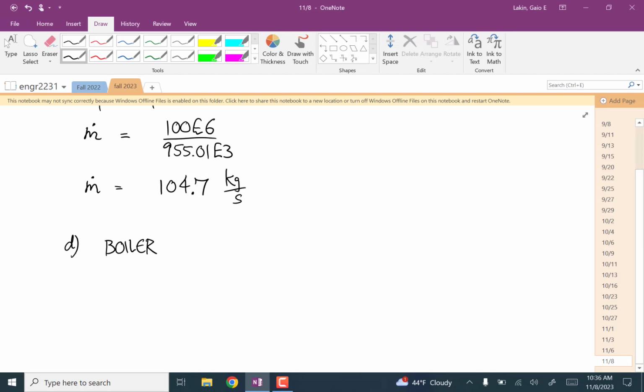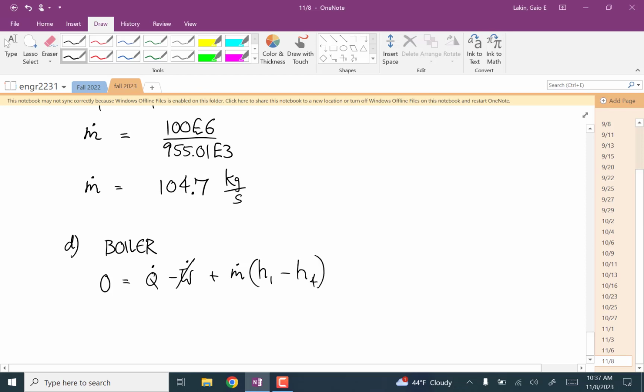It says that at the boiler, I didn't write that down for some reason, but let's see, the boiler is from state 4 to state 1. You have something like Q dot minus W dot plus m dot times H at 1 minus H at 4.